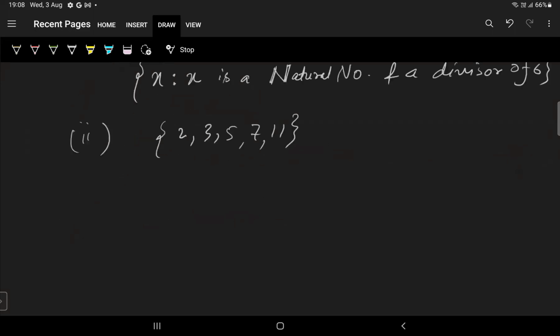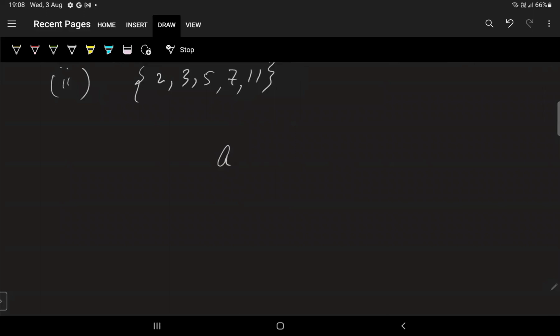See, any number, let's say A is a prime number. So it will have two factors. It has to have two factors. One will be A and one will be 1. No other factors. Like if you take the example of 12, okay. 12 has its own factor and it can be divided by 1 also.